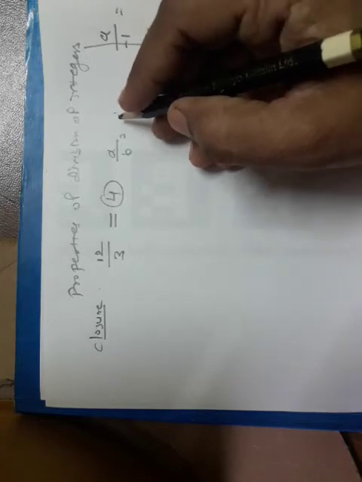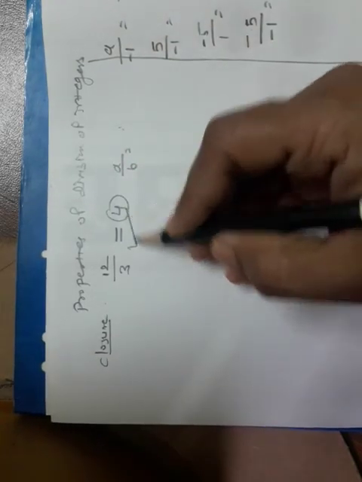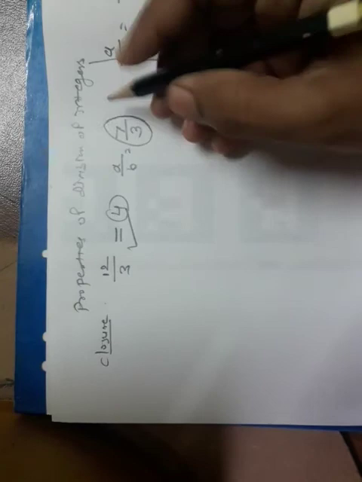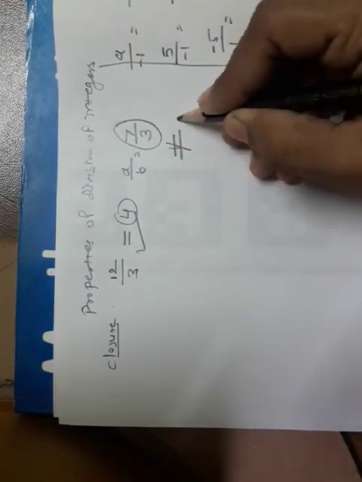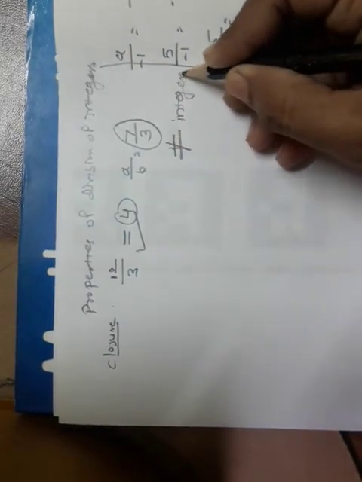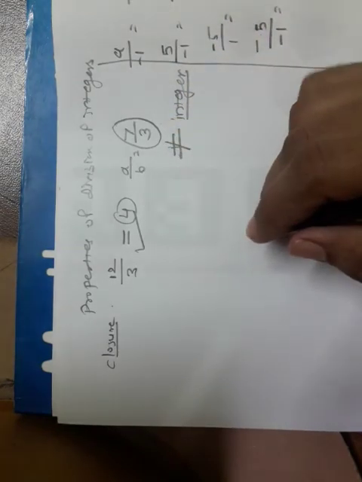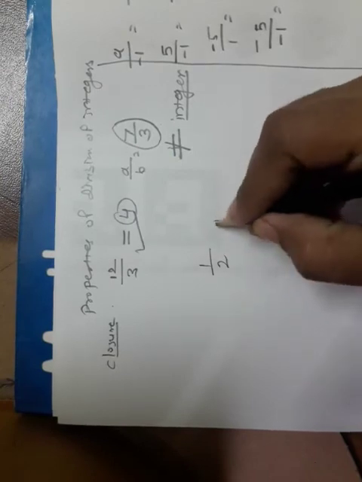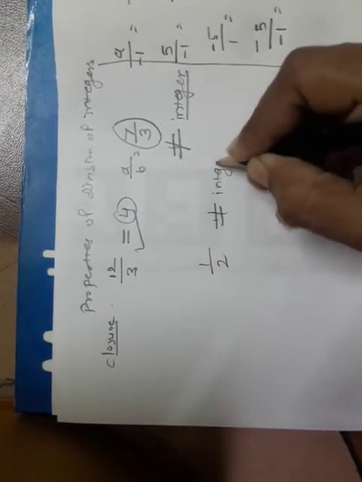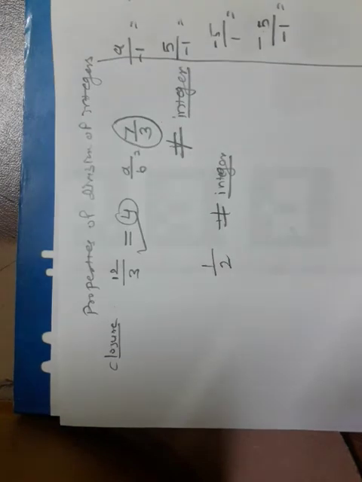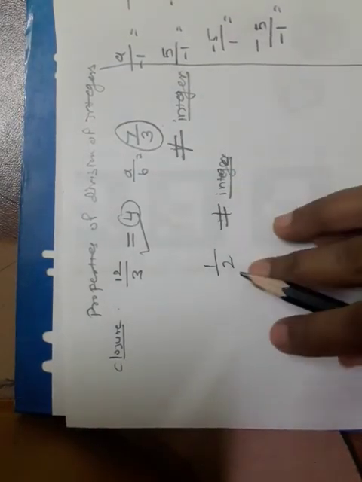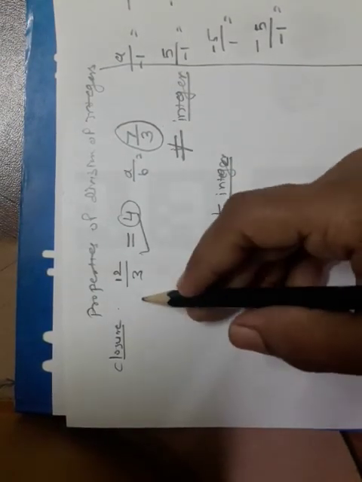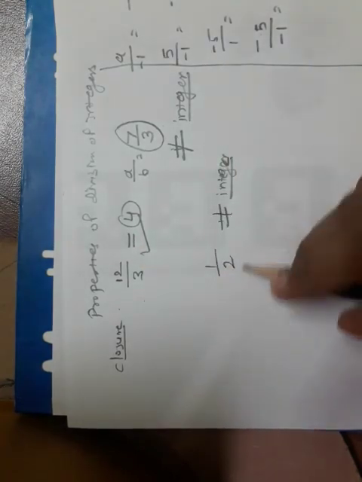In one example it is an integer, but in another case, suppose 7 divided by 3, 7 divided by 3 is not an integer. Why? Because it is a fraction. And 1 divided by 2 is also not an integer, it is also a fraction. Now this closure property does not hold for division of integers.